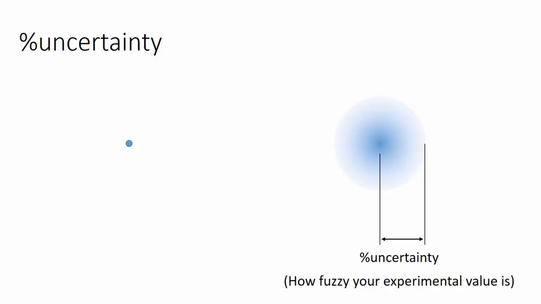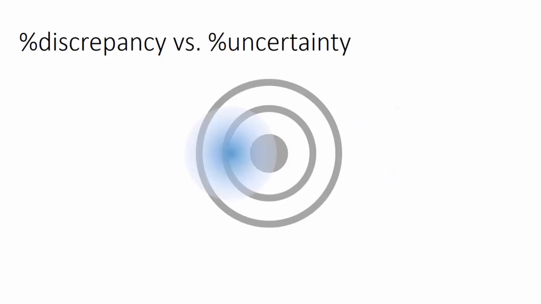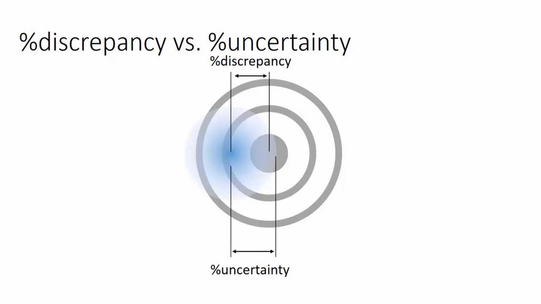Well, let's put that on to our target. So instead of a fine pinpoint, we have that fuzzy scatter shot of a fairly large percentage uncertainty. So you have your, again, percentage discrepancy and your percentage uncertainty. Now, being such a fuzzy, big scatter place, you can actually see that the fuzziness actually includes your target.